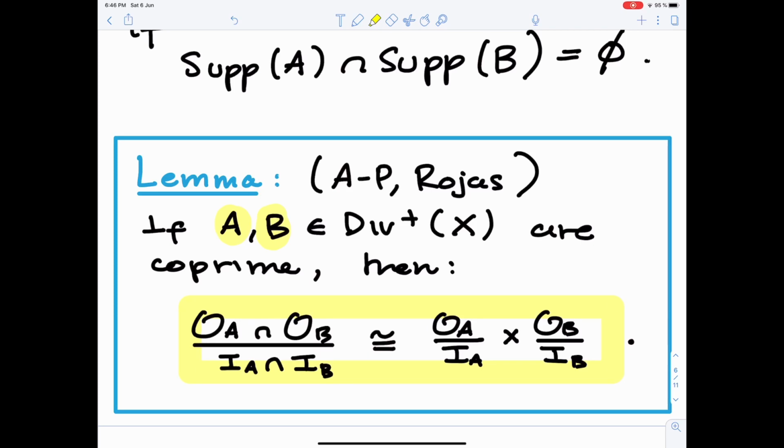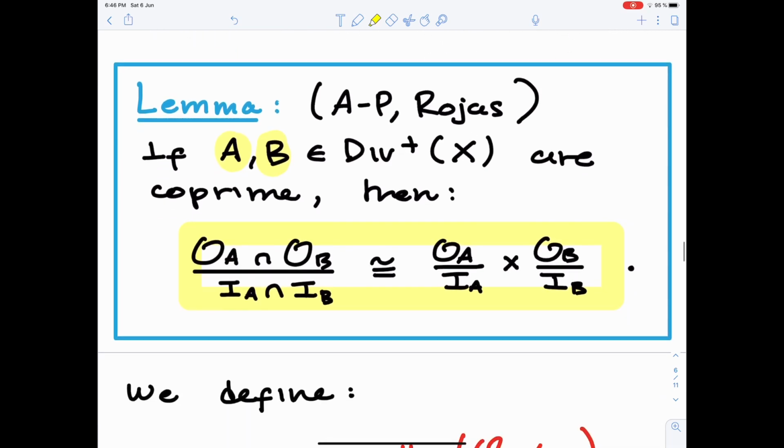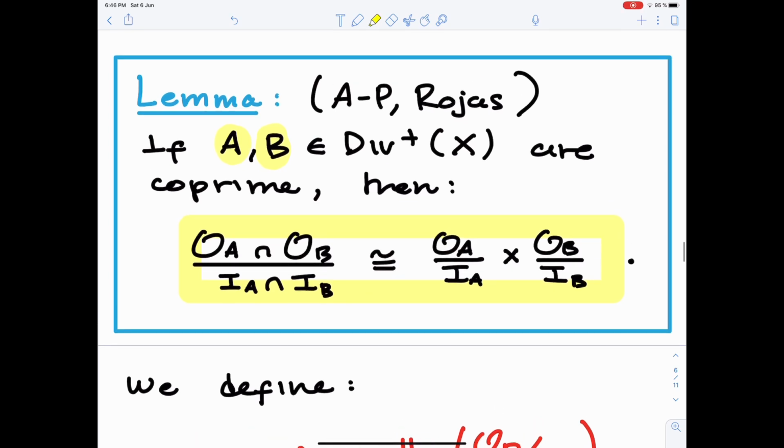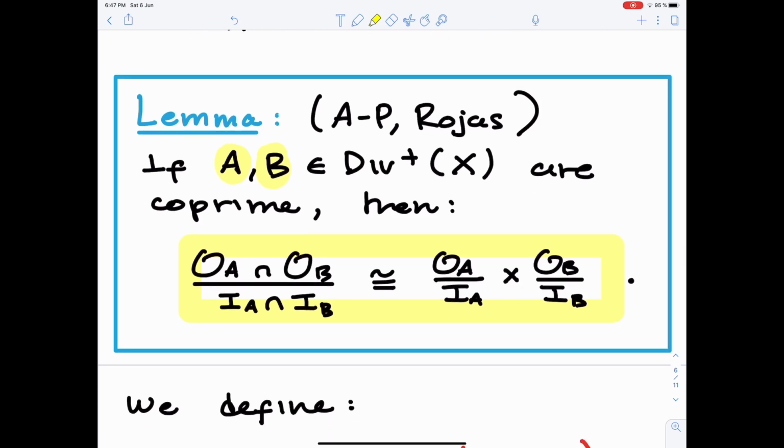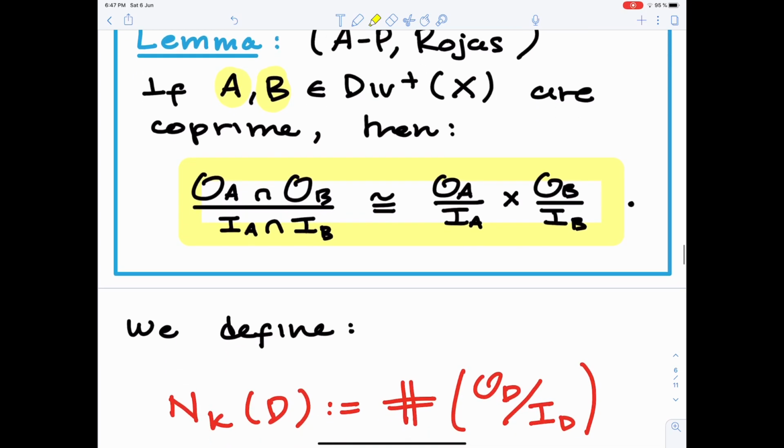This result is reminiscent of the Chinese remainder theorem, but it's not exactly the Chinese remainder theorem. We weren't able to find a proof of this in any commutative algebra books or articles, so we gave a proof in our paper. It's pretty straightforward.